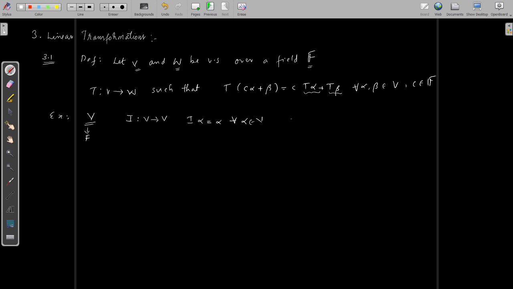I of c alpha plus beta is, by definition, c alpha plus beta itself, which can be written as c times I alpha plus I beta. This shows that I is a linear transformation. We can consider it as example 1.